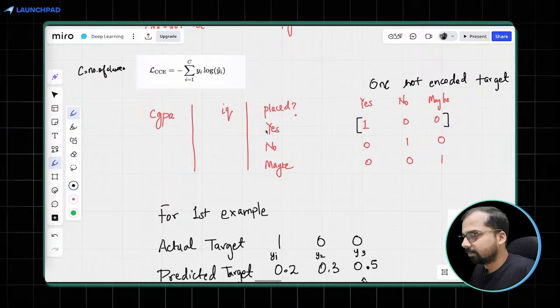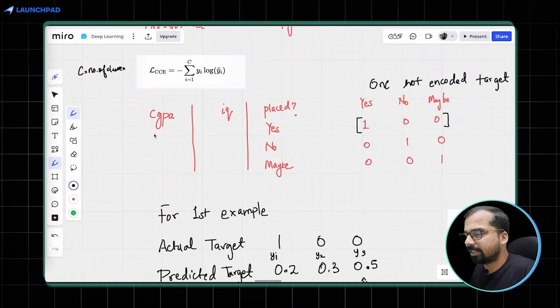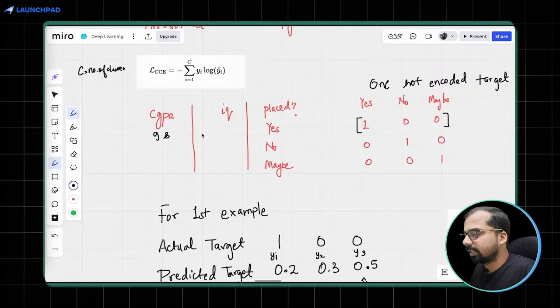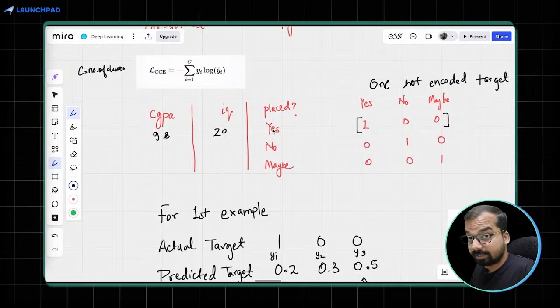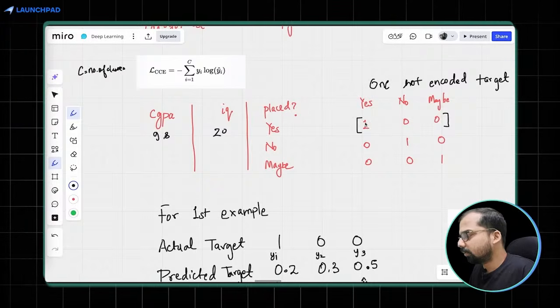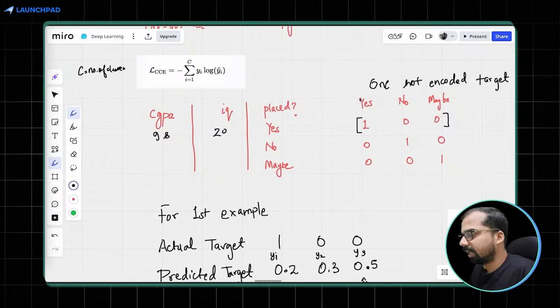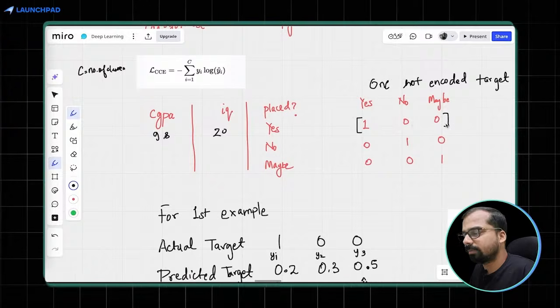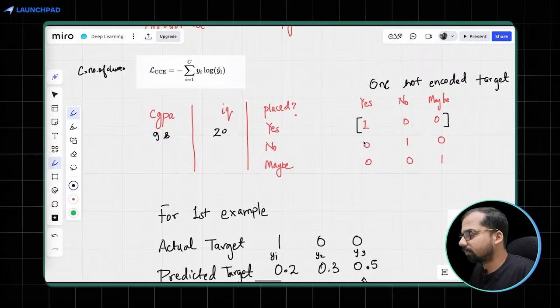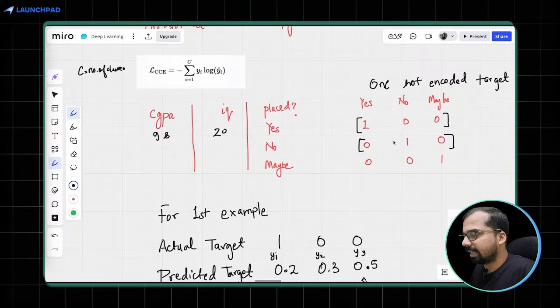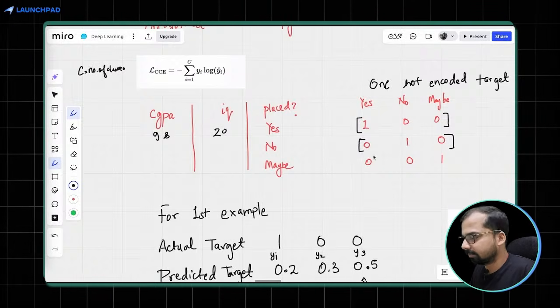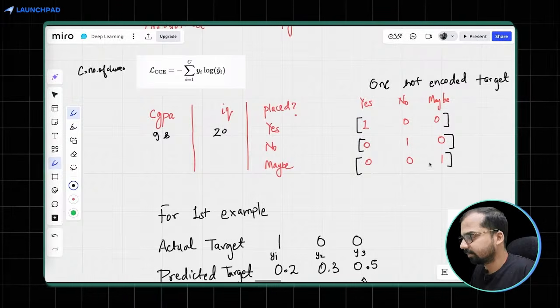For the first example, there might be some CGPA and some IQ value, and the data says it's a yes, so this will be 1 and the rest will be 0. In the second case, it's a no, so all the remaining are 0 and this one is 1. Same thing for the third case.